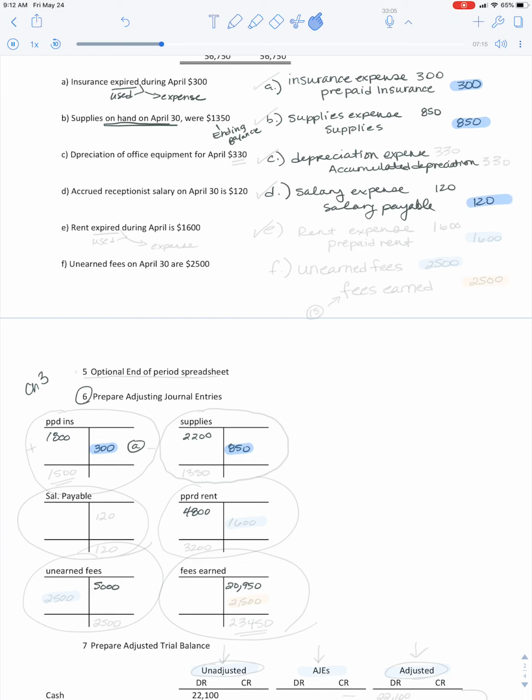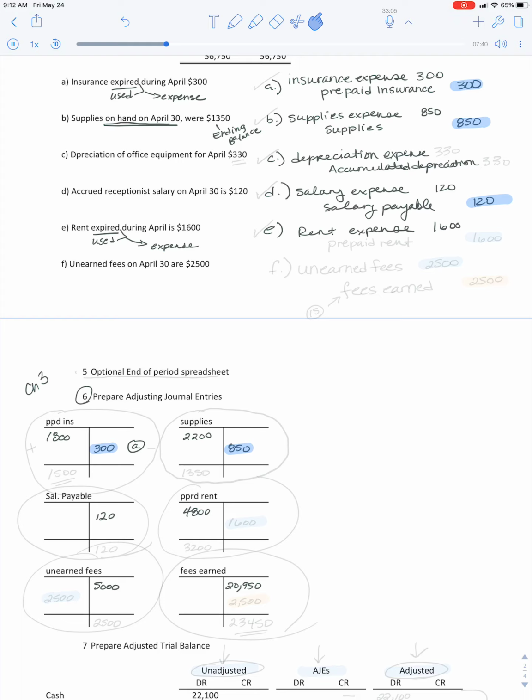And E, rent expired. So I want you to think of expired as used. So now that they have been expired or used, we can expense them. So rent expense, $1,600. And where do we take it out of? So let's go look up here. We have rent when it was paid in advance.